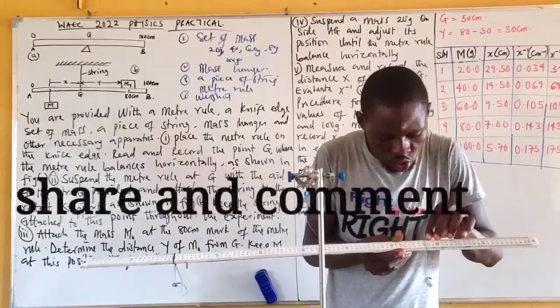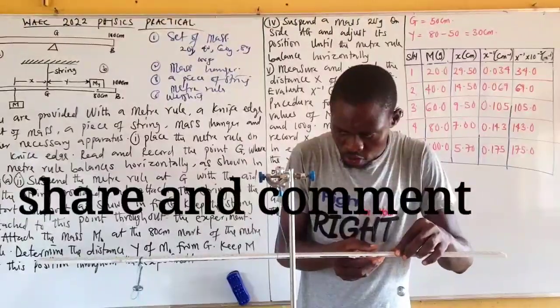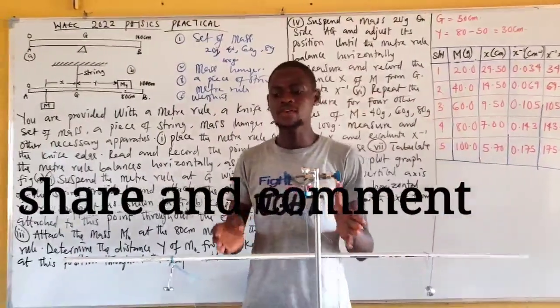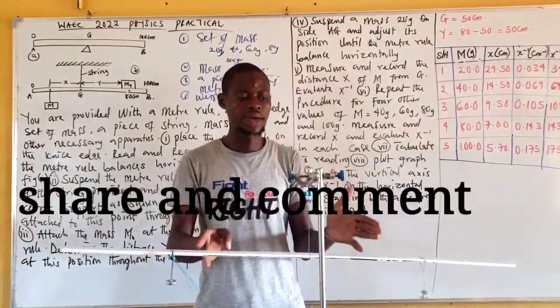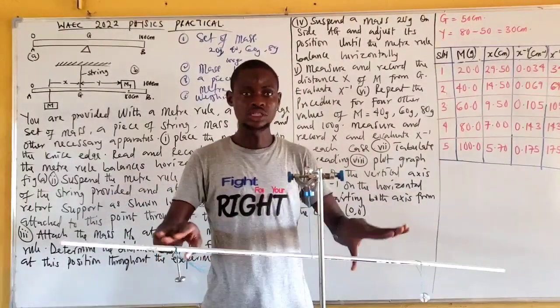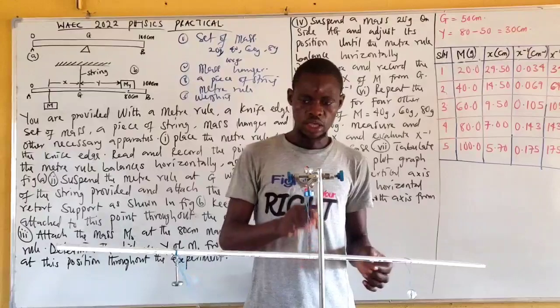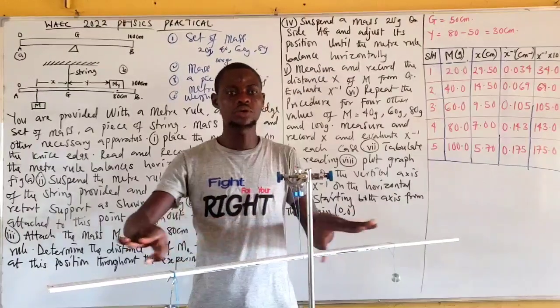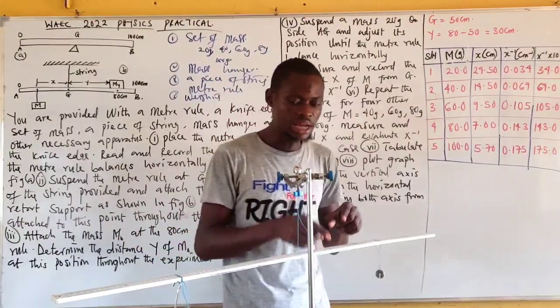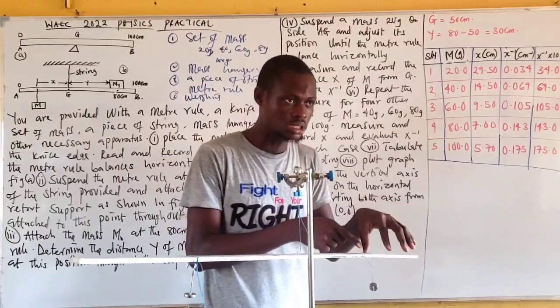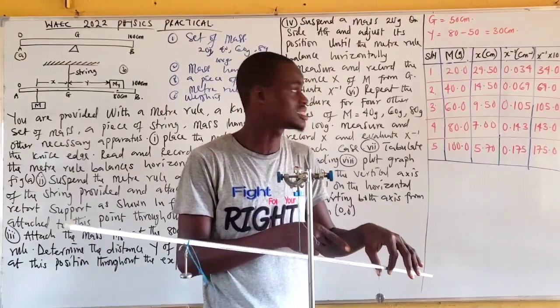This is my 22. This is 22.5. You are going to look for where you are going to have horizontal, whereby the body will be horizontally stable. Now, you notice that the body is already horizontally stable.